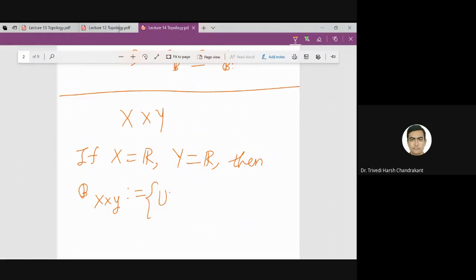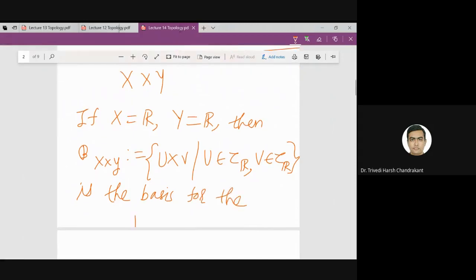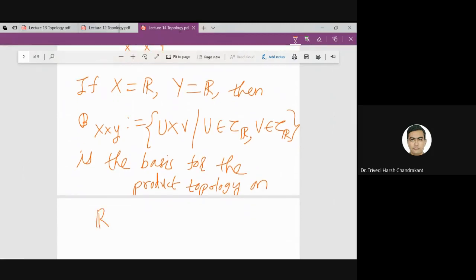Basically, we have two sets U cross V where U belongs to tau X, now X is R, and V is in tau Y, Y is R. Right, this is the basis for the product topology on R cross R. R cross R means basically R2.